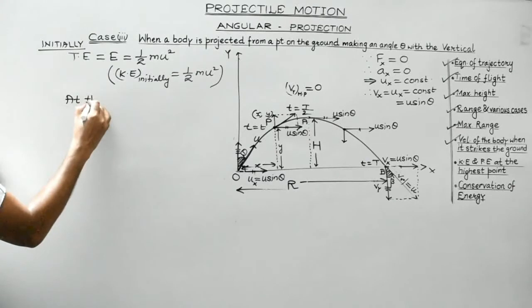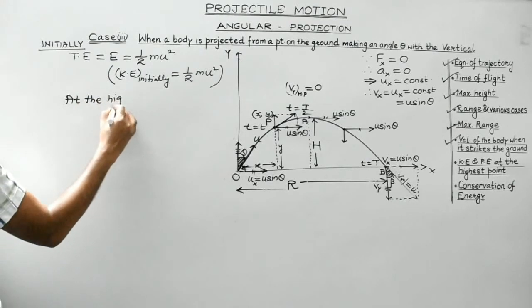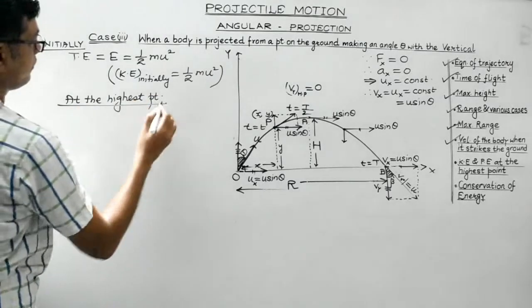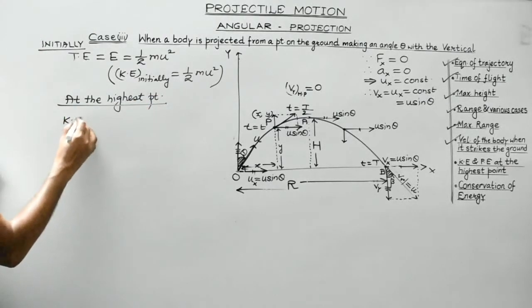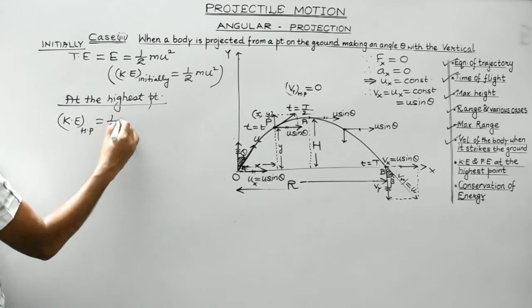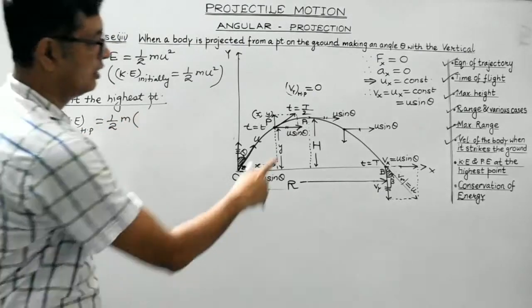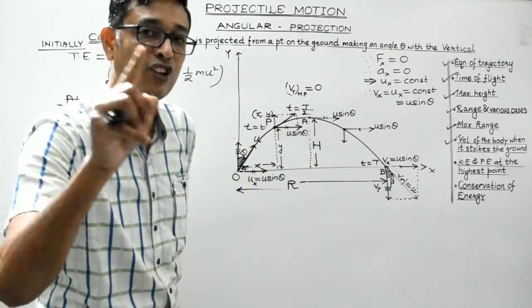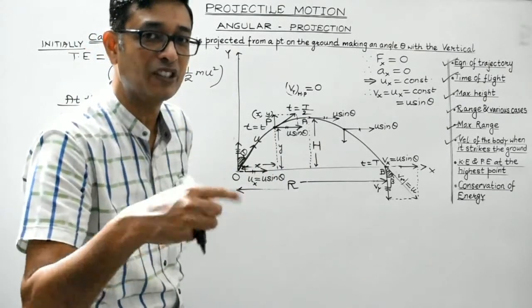Now at the highest point, let's see the kinetic energy. It is half m, and here the net velocity of the projectile is not 0. It is the vertical component of the velocity at the highest point which is 0.